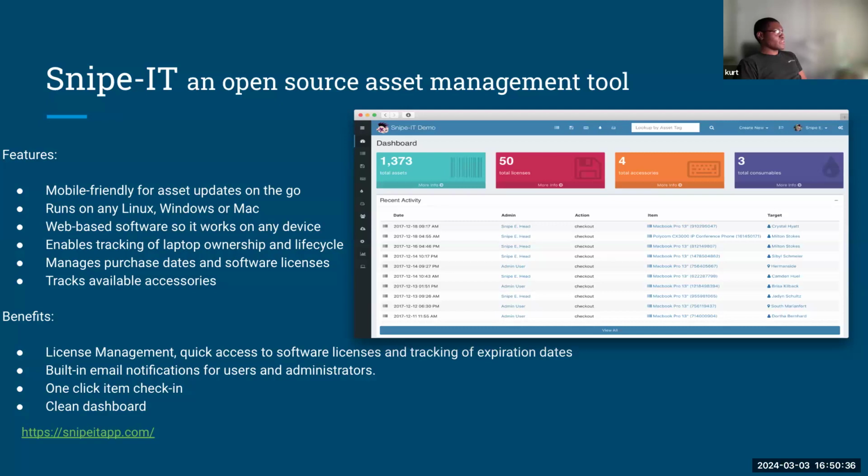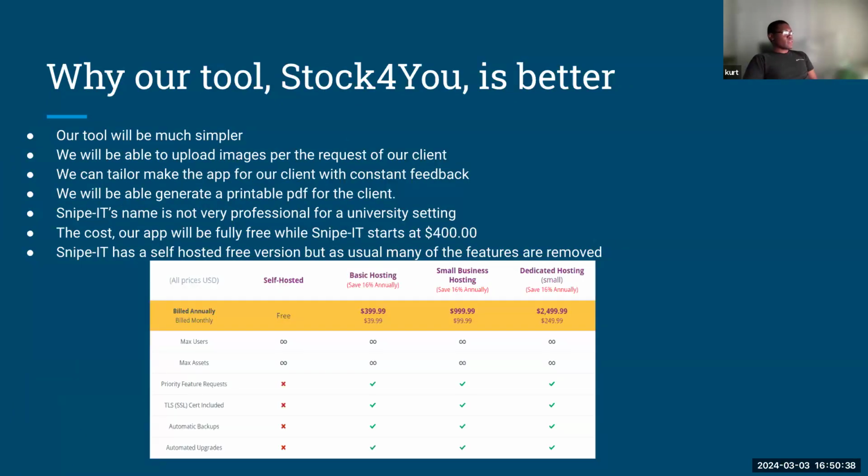Next slide. Why is our tool better? Our tool will be much simpler. We'll be able to upload images as per our client's requests, aside from just normal inventory management stuff.